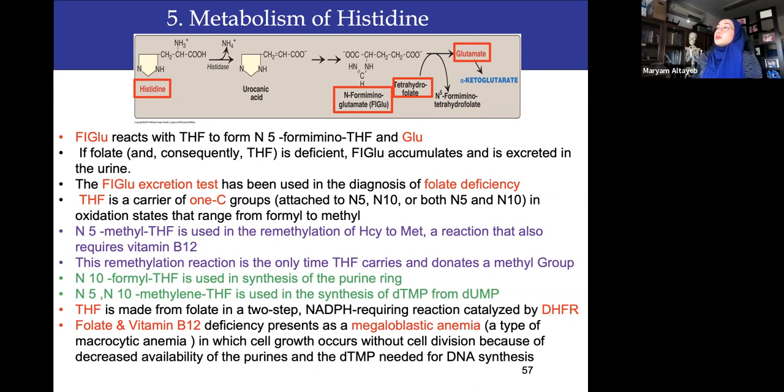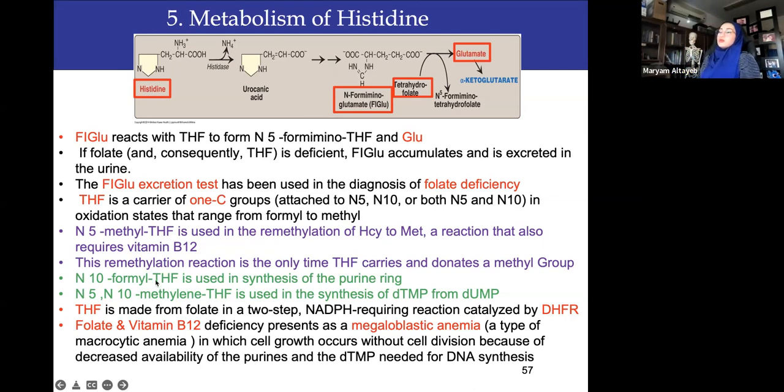So what we can do is use excretion of this molecule. Again, if there's an X here, if it's blocked, if there's no tetrahydrofolate, then this is going to increase. So we can test for excretion of this molecule because it makes sense. If there's a lot of it building up, a lot of it is going to be excreted. So we can test it to confirm that there is a deficiency.